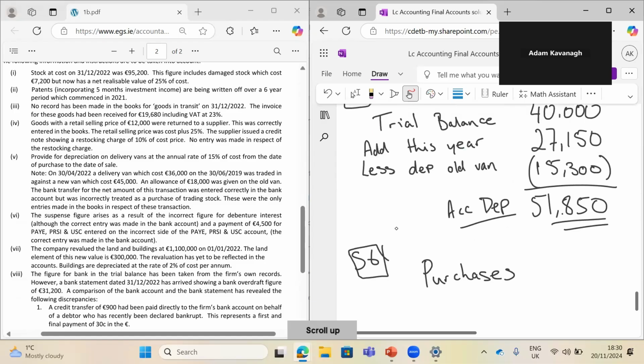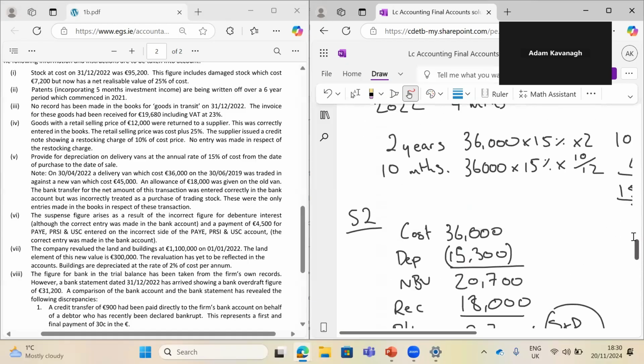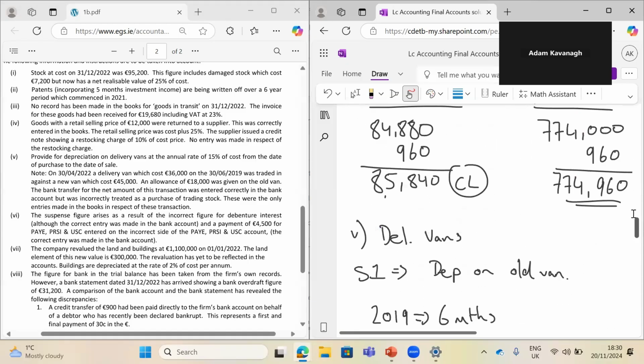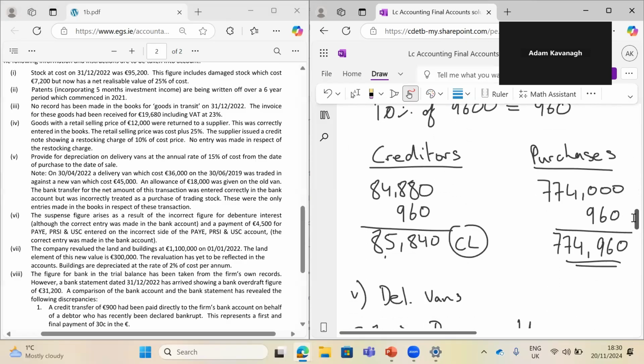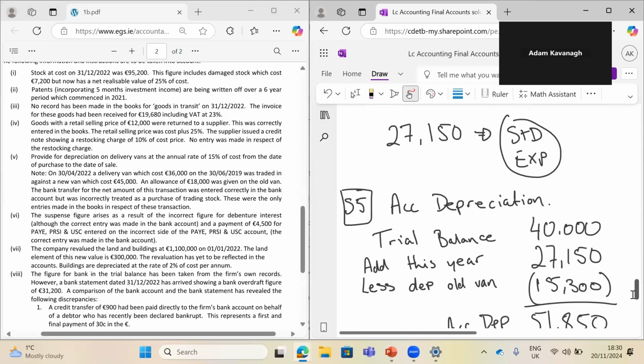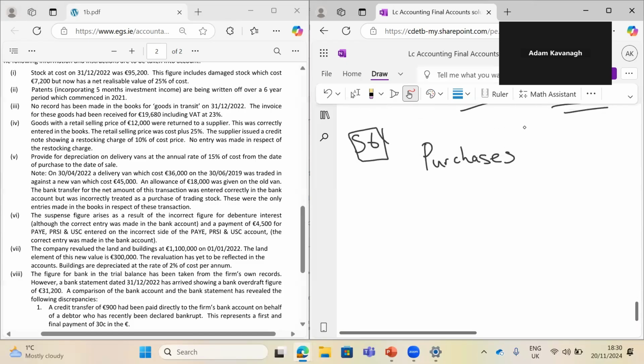So how much is that purchases? We need to go back up through the question to see when we last changed it. And it changed in the last adjustment, I believe. So purchases is here, 774,960. And then the bank transfer is for the net amount.